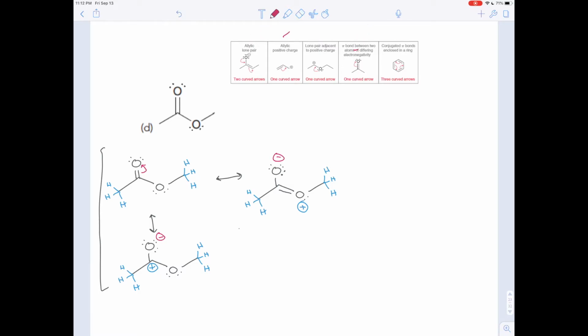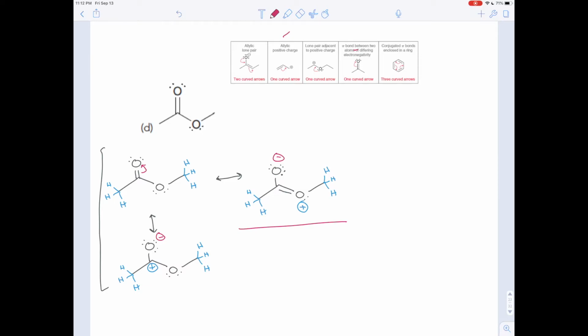This resonance structure is this one right here. Is there an allylic lone pair there? There is. They're the lone pairs on the oxygen at the top. The other oxygen, those lone pairs are not allylic. Those are on an atom in a double bond, but at the top, those electrons are allylic because if you go just one atom away, you're at an atom in a double bond.